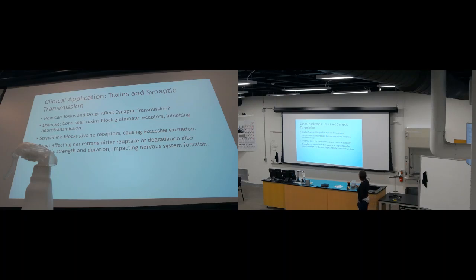We have this poison, strychnine, that blocks glycine receptors, causing excessive excitation. And we have some drugs that can affect the reuptake of neurotransmitters or the degradation, leading to an increase of these neurotransmitters' action and strength, making some effects on the nervous system.